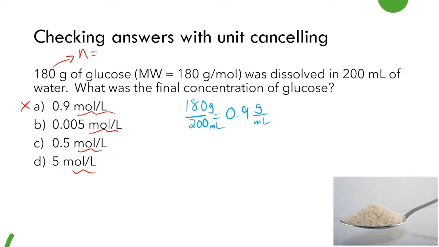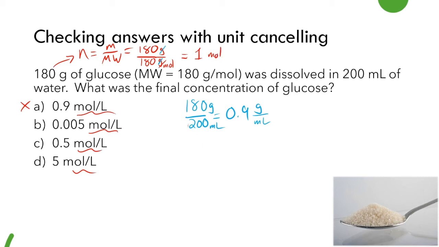We'll do that using the equation that we found on the previous slide. So the number of moles is equal to the mass over the molecular weight. That's going to be 180 grams over 180 grams per mole. Just like we saw before, those units cancel, and we come out with 1 mole.